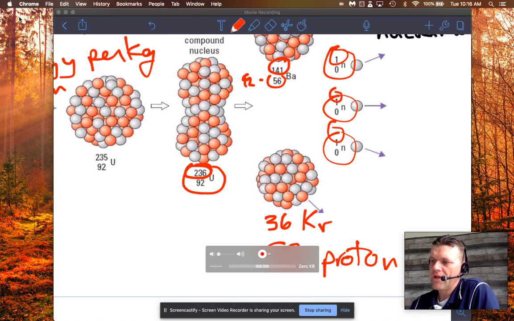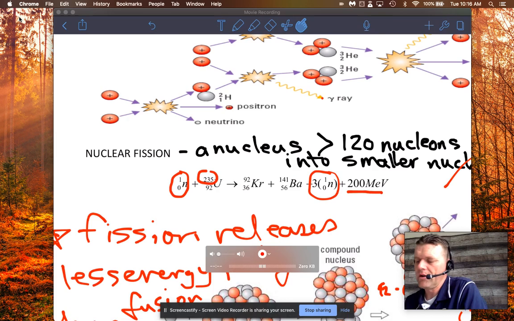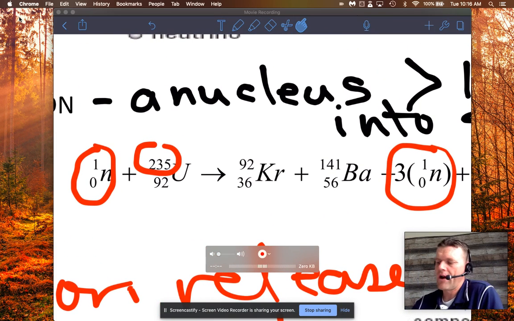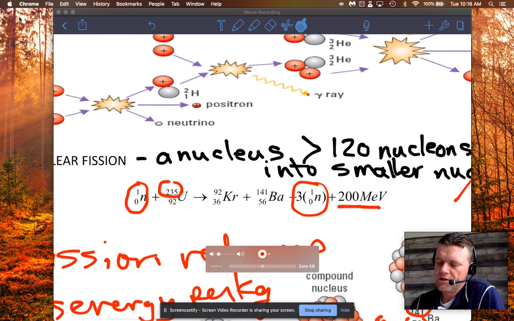Doing all of that would give you 92. That's interesting because that's the same as uranium. I'm just showing you that you're going to have to do some of that arithmetic. That's already confirmed, though. This equation was already balanced. So 1 neutron plus uranium-235 went to krypton, barium, and 3 neutrons, and all those numbers balance out.